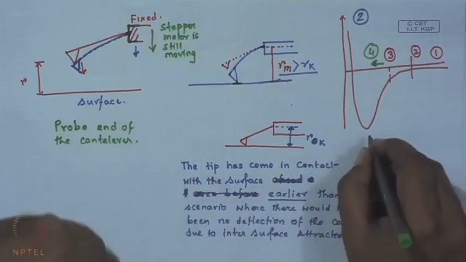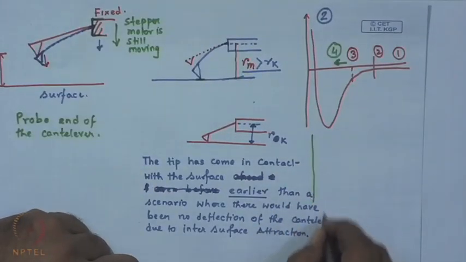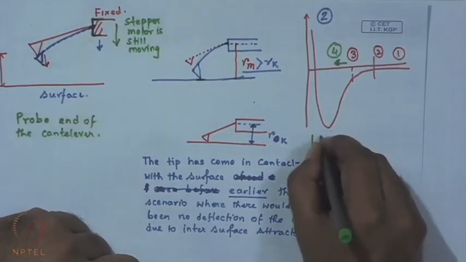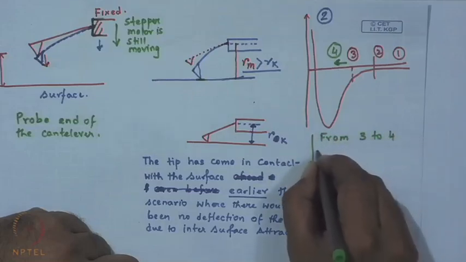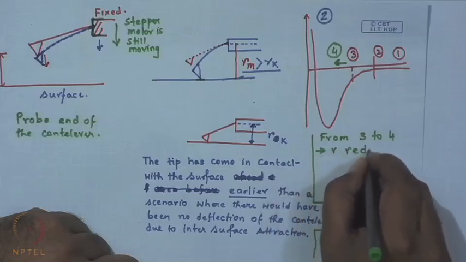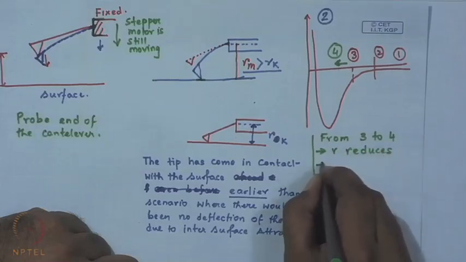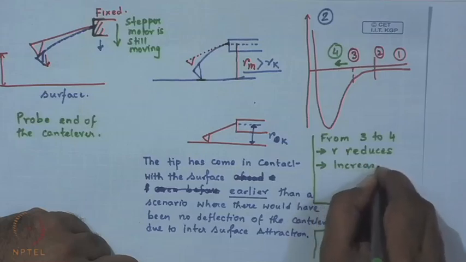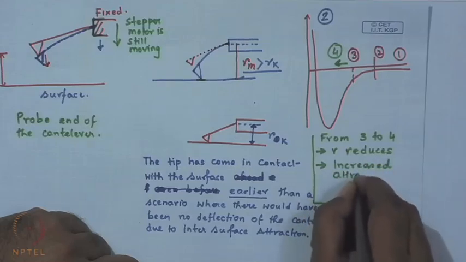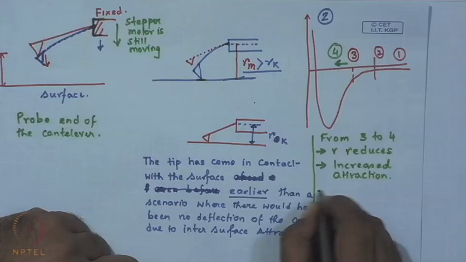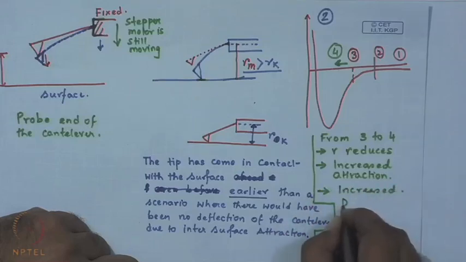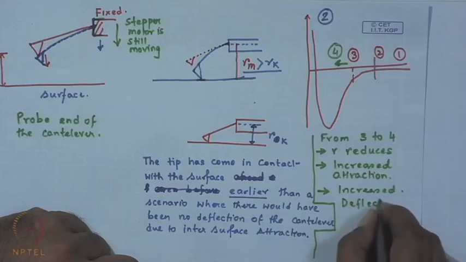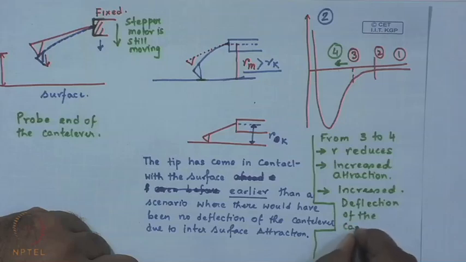From 3 to 4, what happens is R reduces, so increased attraction, and this gets reflected in increased deflection of the cantilever.